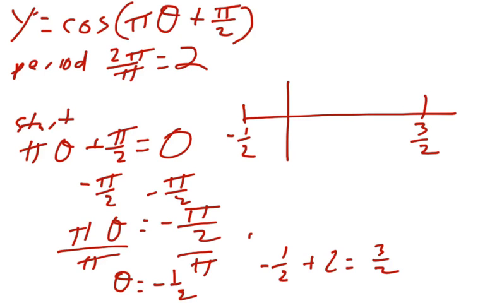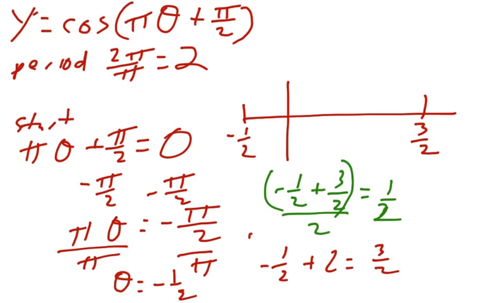So what is right in the middle of negative 1/2 and 3/2? Well, we're going to take the average of these. Negative 1/2 plus 3/2 divided by 2 turns out to be 1/2. When you're putting it in your calculator, you're going to put that in the calculator like that. So we got 1/2. What's right in the middle of negative 1/2 and positive 1/2? 0.